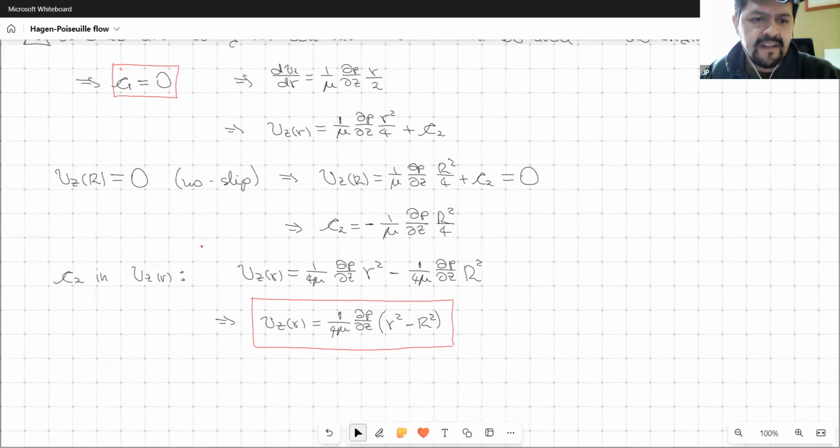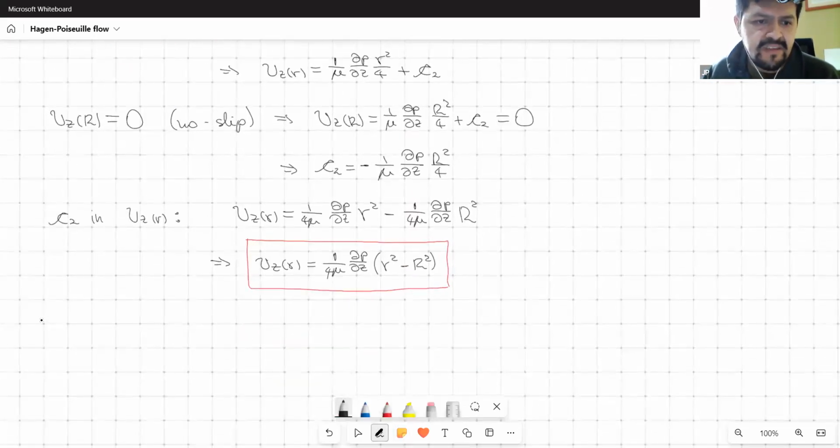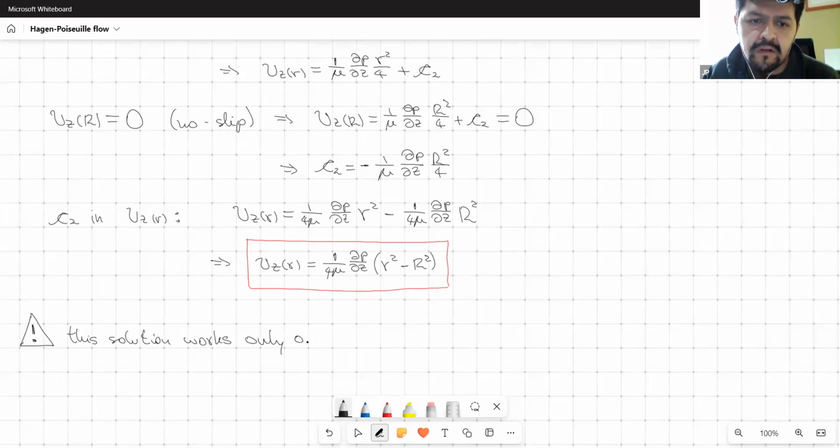The only final comment we should make, which is usually done as one of the assumptions, but is really a consequence of the solution, is that this solution works only on fully developed flows.